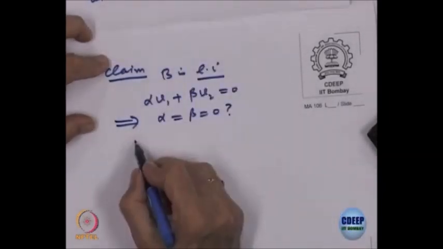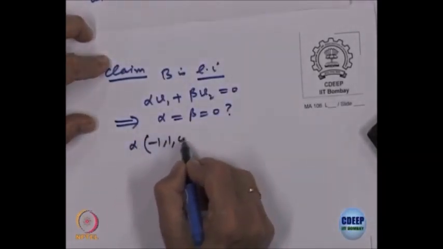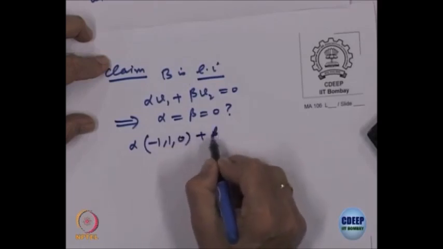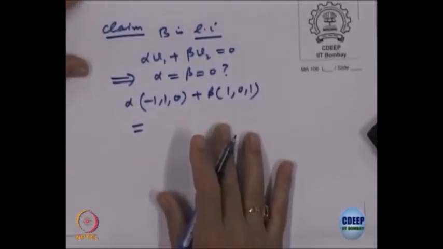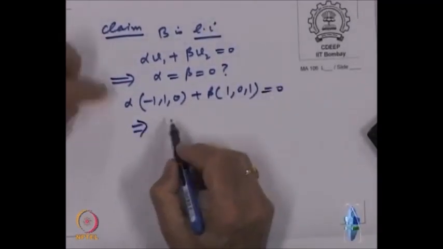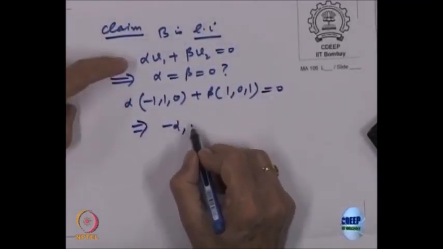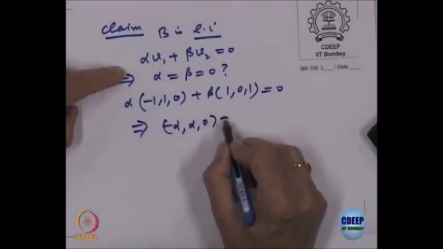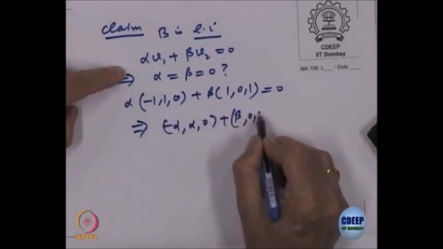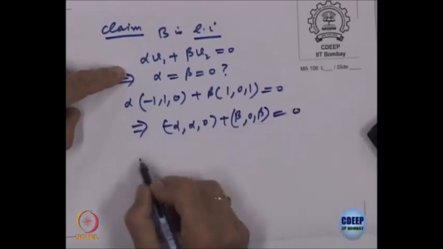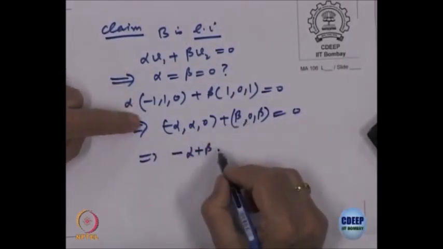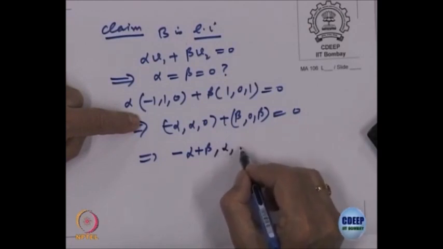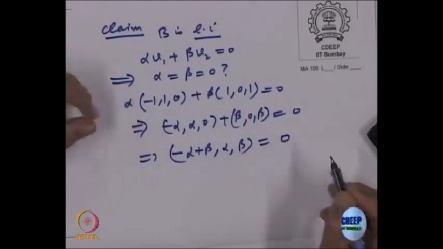So, alpha times (minus 1, 1, 0) plus beta times (1, 0, 1) equal to 0 implies minus alpha plus beta, the second one is alpha and the third is beta, equal to 0.